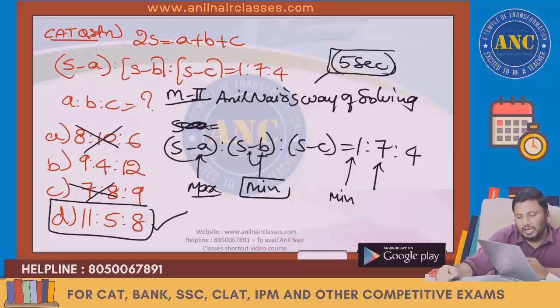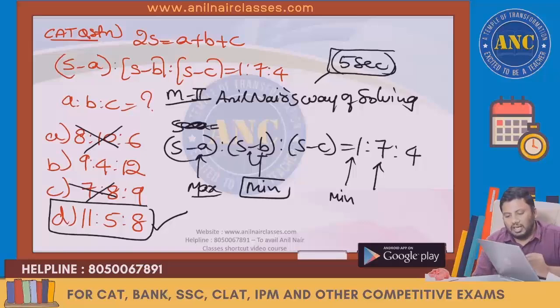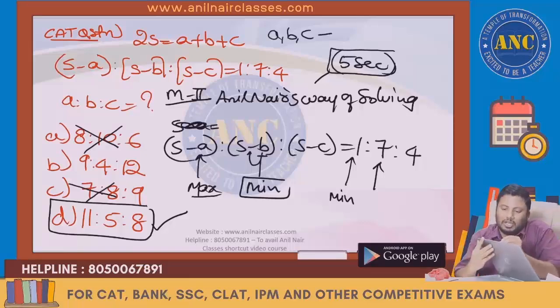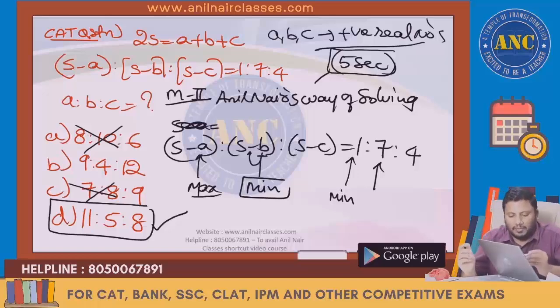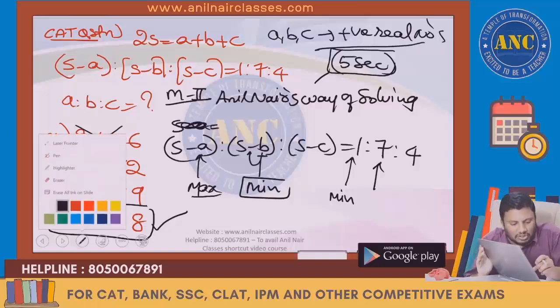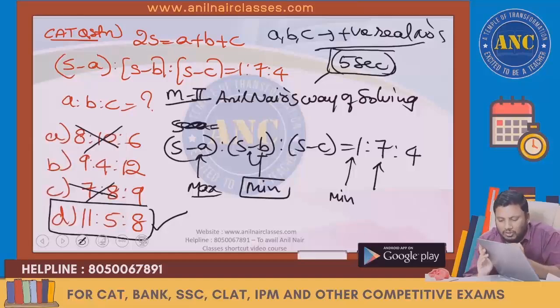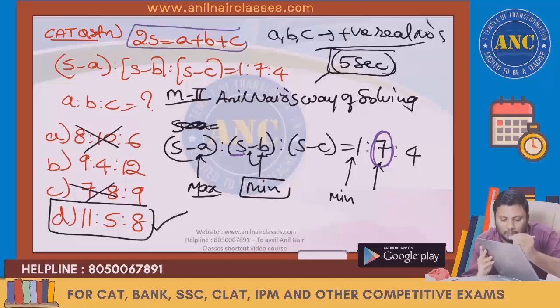Right? S minus A is to S minus B is to S minus C. Again see here. Here A, B, C are positive real numbers. Positive real numbers is nothing but S minus A is 1. Now what I did is I just used a maximum and minimum approach. This is maximum. If this is maximum, anyway this is constant, A plus B plus C by 2.